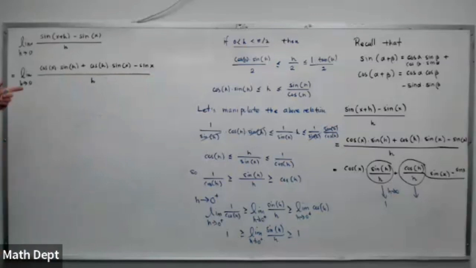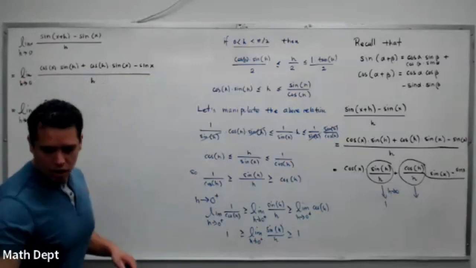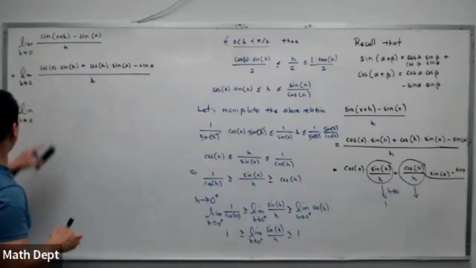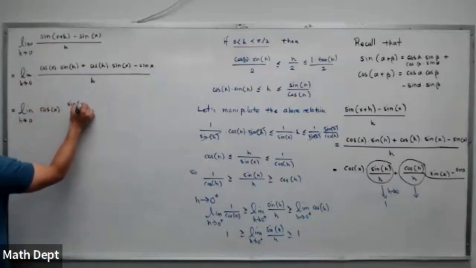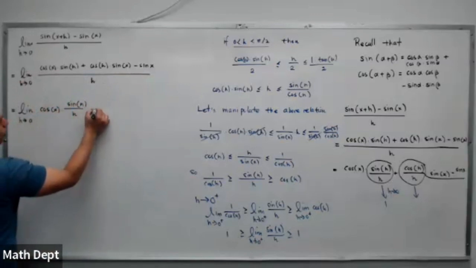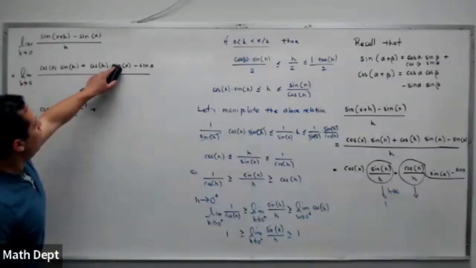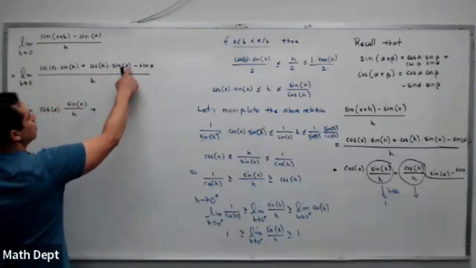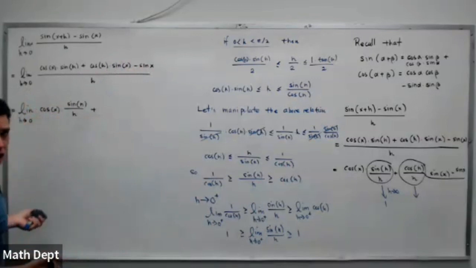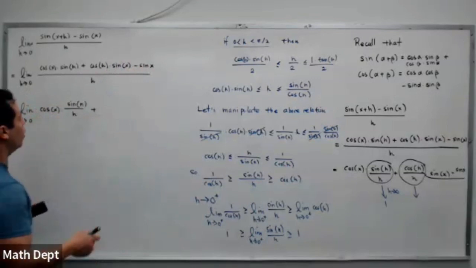Now let's wait a second, because from here I'm going to rewrite this algebraically. This is the same as the limit as h tends to 0 of, associating in this fashion, cosine of x times sine of h over h, plus, now look, the expression here has in common a sine of x, which means I can factor.